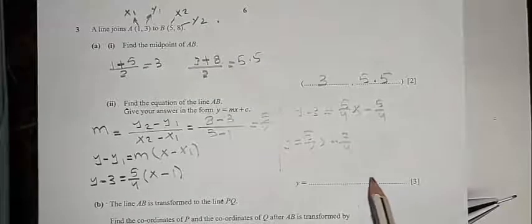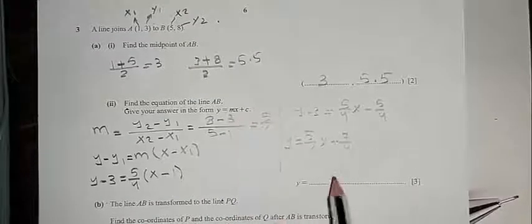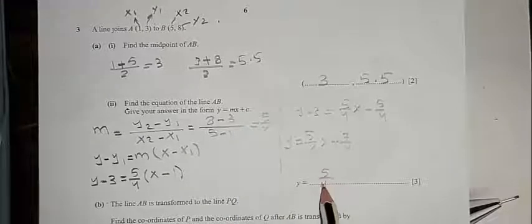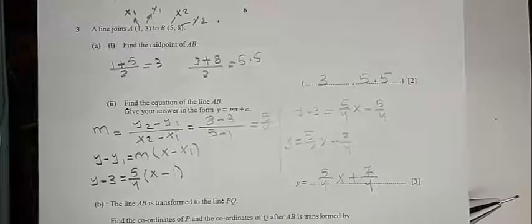And this is your final equation in the form y equals mx plus c: y equals 5 over 4x plus 7 over 4.